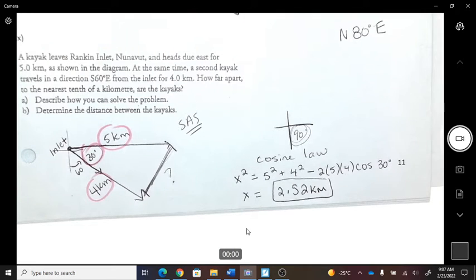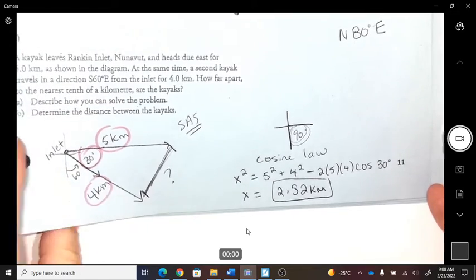Okay, and check out, did we get the same answer here? 2.52 kilometers. Okay?